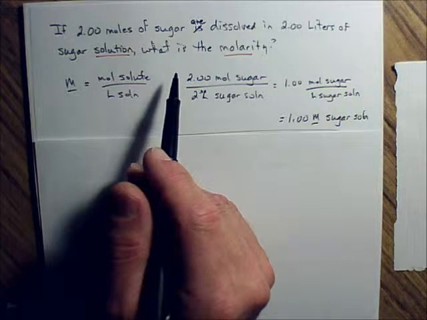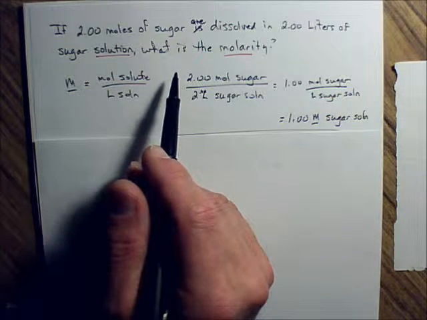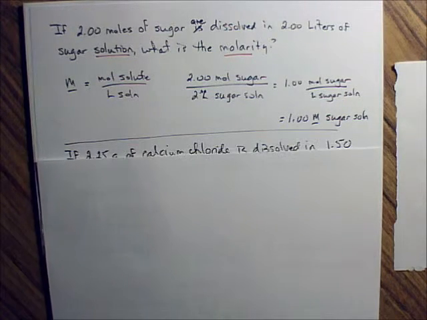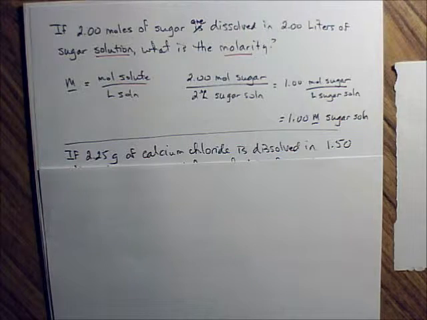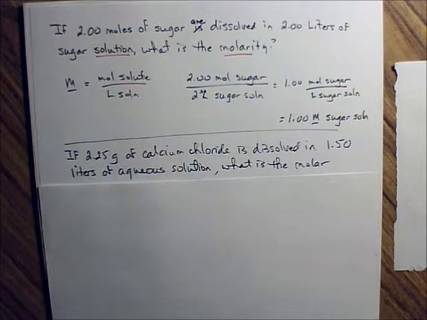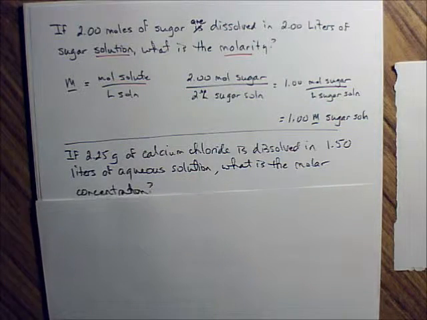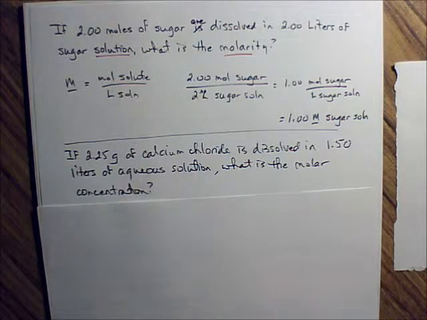Molar mass. We just said it a minute ago. Okay, so if 2.25 grams of calcium chloride is dissolved in 1.50 liters of aqueous solution, what is the molar concentration?